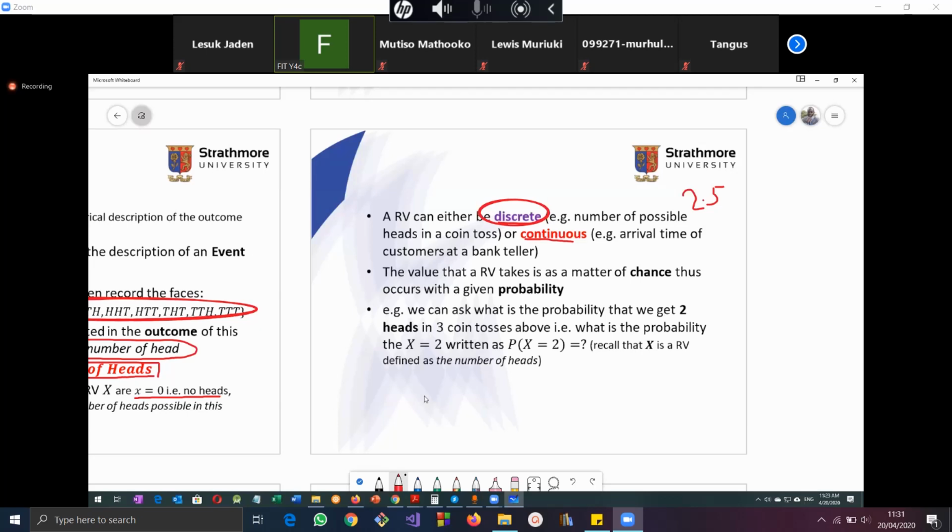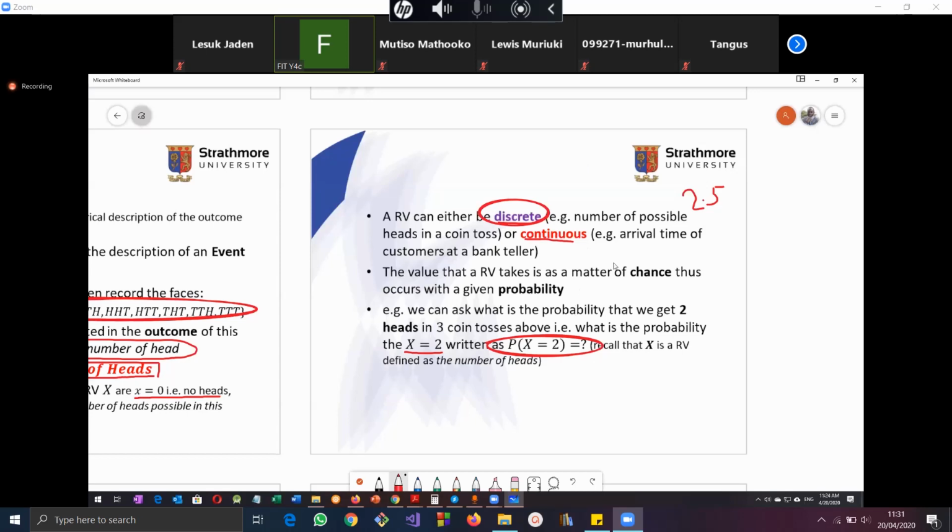And this is how it's written: probability that we will get 2 heads. That a random variable will pick up a certain value. And that's like the summary.